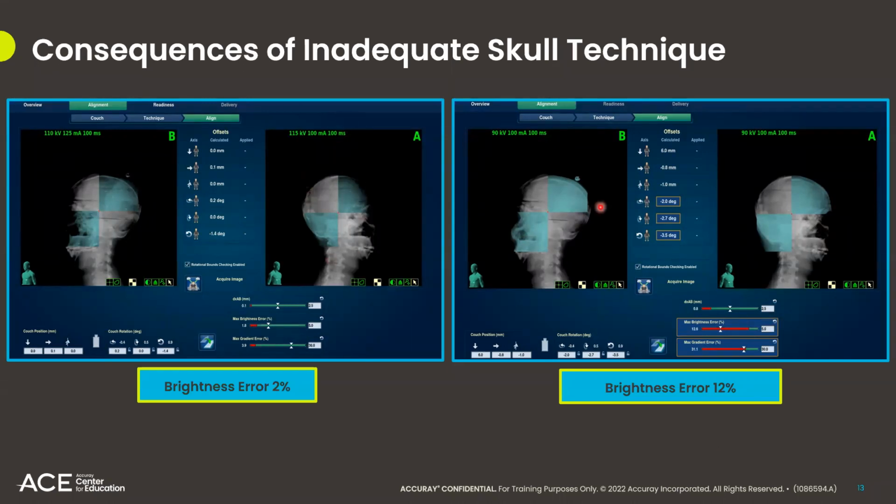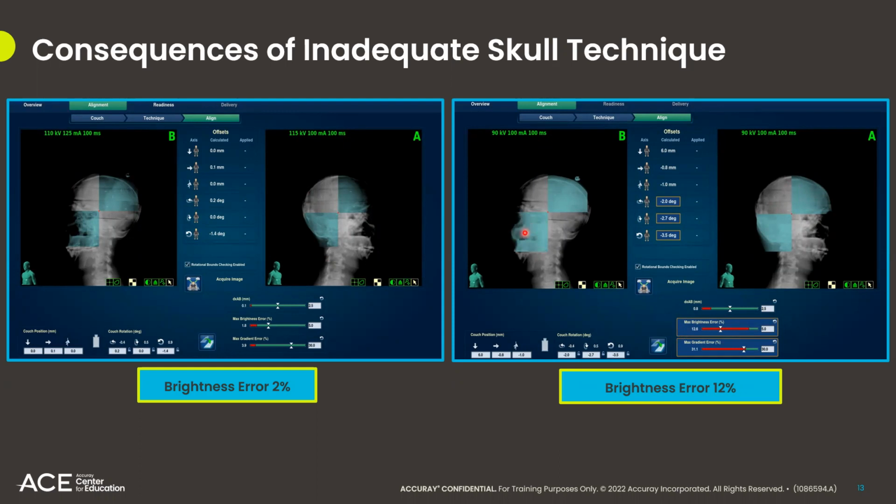On the right side, this is the same phantom. It has not been moved in between images. The only difference is we intentionally set the X-ray technique very poor, resulting in a 12% brightness error. This may seem extreme, but to the human eye here, our live image really doesn't look that poor.